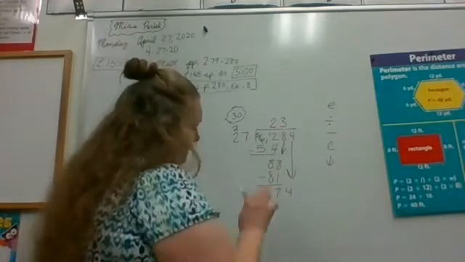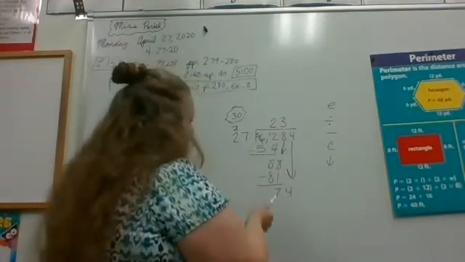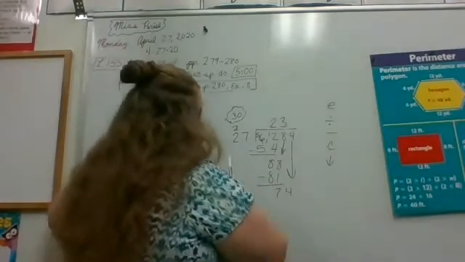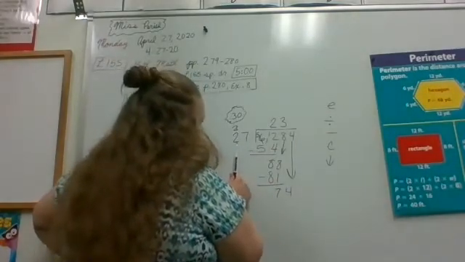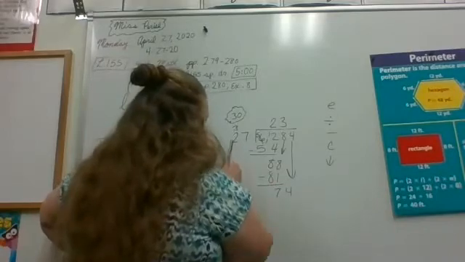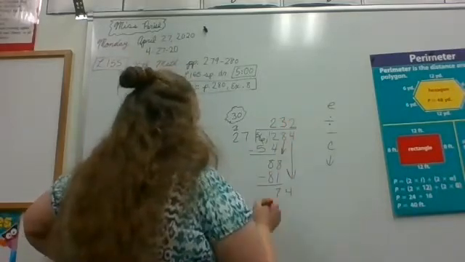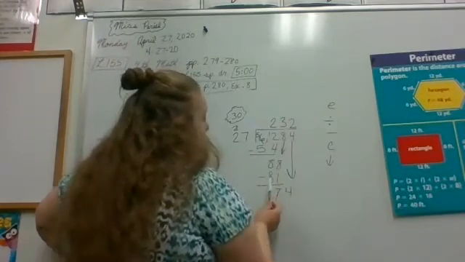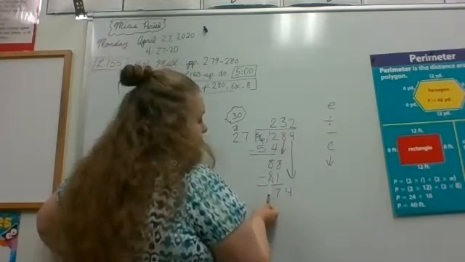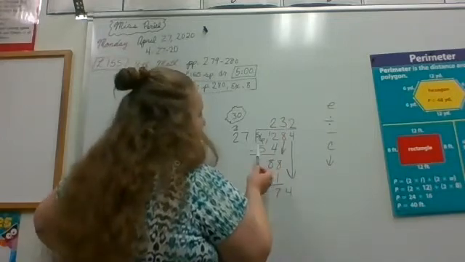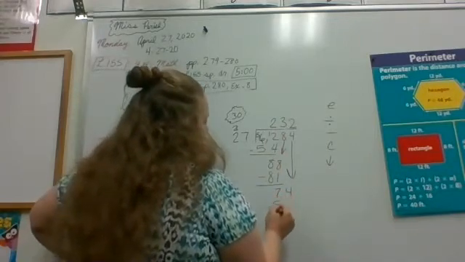I made this one up all on the spot, and it's not going to come out even. That's okay. We'll just make a fraction out of it. 3 into 7 goes 2 times, right? But we also know that 3 times 27 was 81, and that's too big for that. So we know that it's going to be 54, okay?